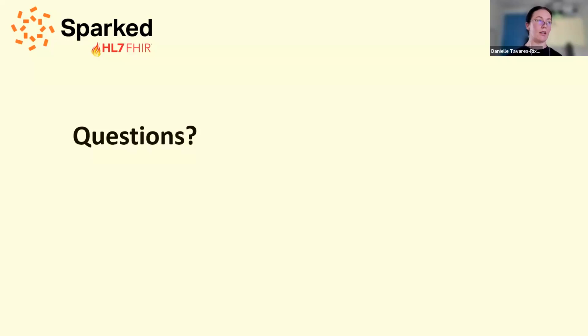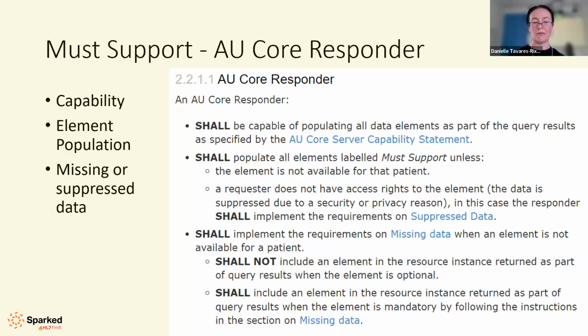And from the requester side, they have to be capable of processing resources with any of the values from that value set, because they might get any of them according to AU Core.